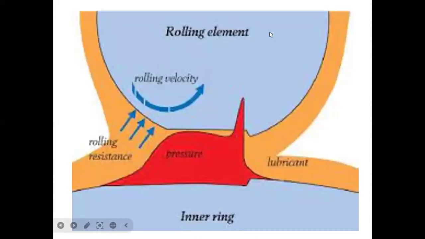As we continue the motion of the rolling element and apply lubrication, there will be a deformation in this process, which actually aids the lubrication process, helping the rolling element to be lubricated.